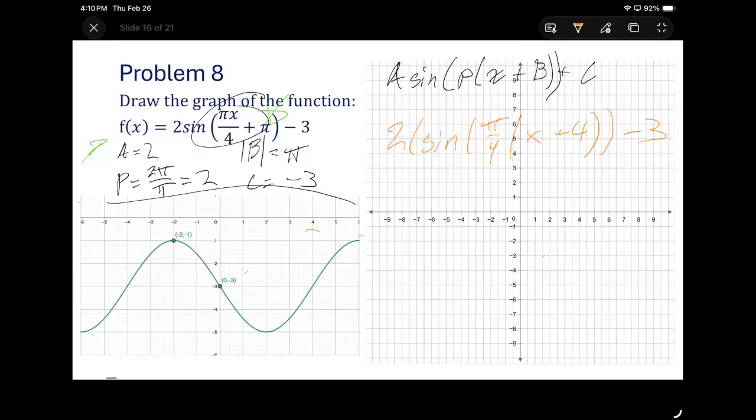I hope so. The formula for it is on the sheet. But now you wouldn't put 2 pi over 4, because that's the b value now. So you do the period before you factor in. Okay, perfect. Thank you.